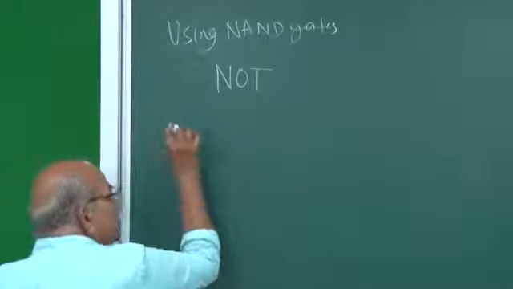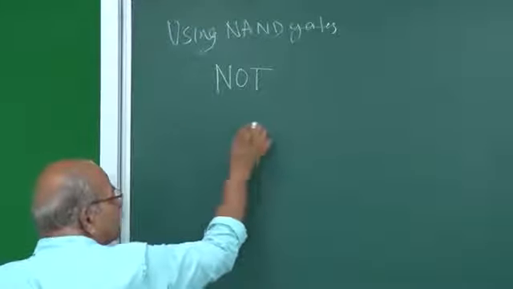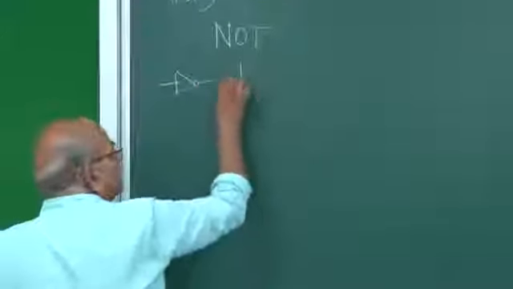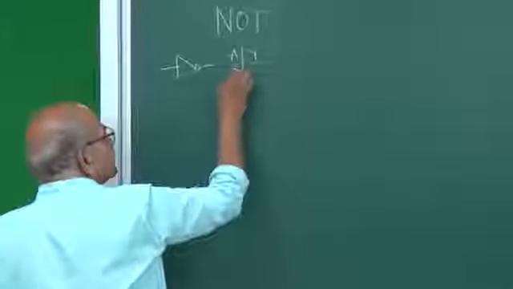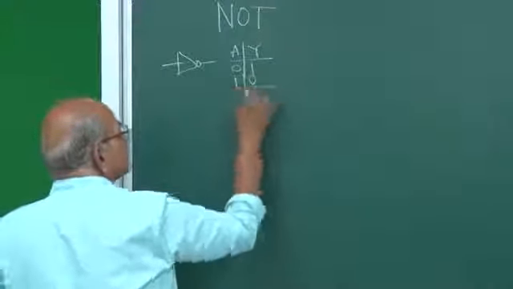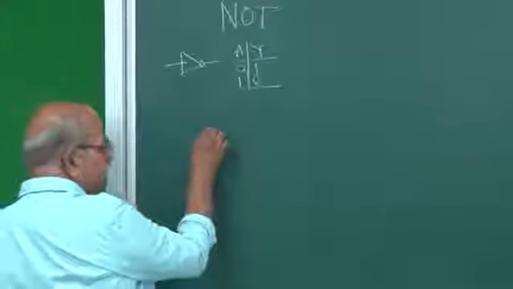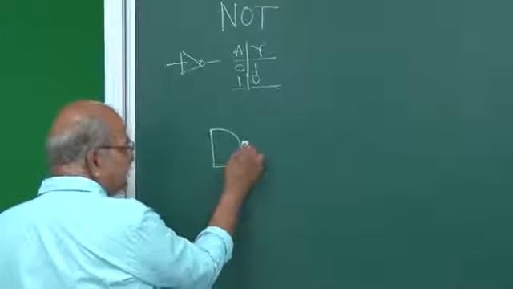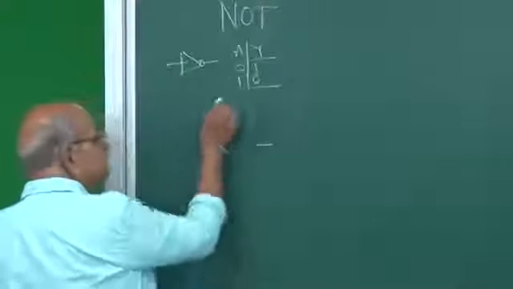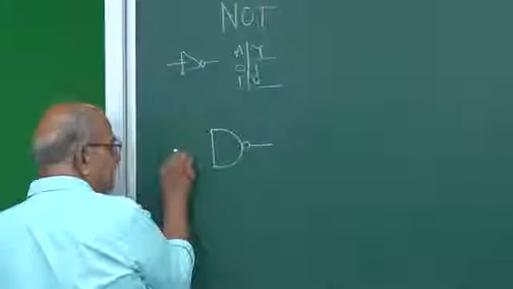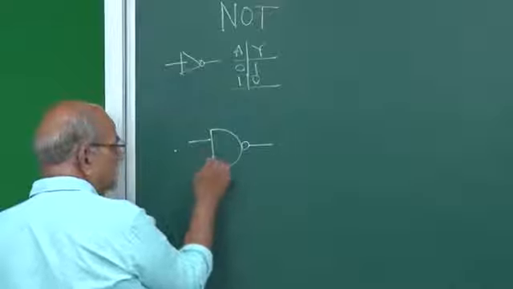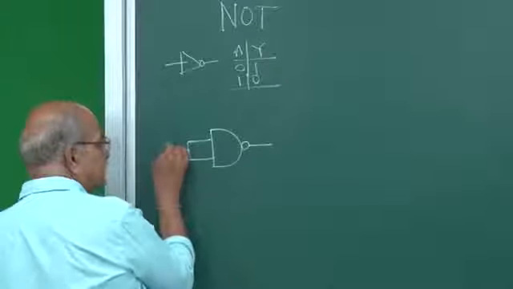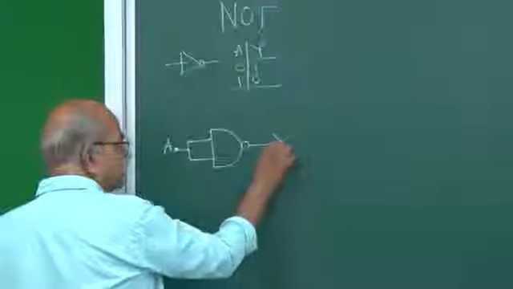NOT, you just take one input and one output, and this was the symbol, and what was the truth table? A is here, Y is here, 0 1 1 0, simple. And you take just a NAND gate, this is NAND, and then your input just one single input, but same input you connect to both the input ends. So this point is A and this point is finally Y.